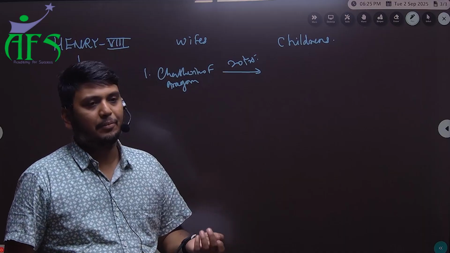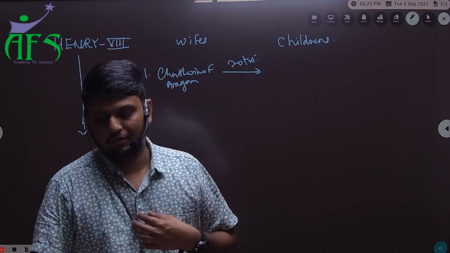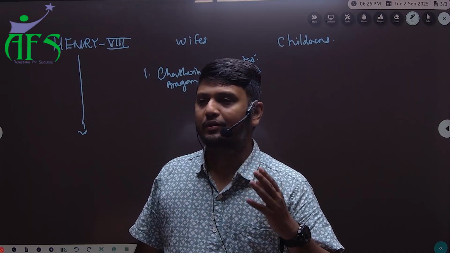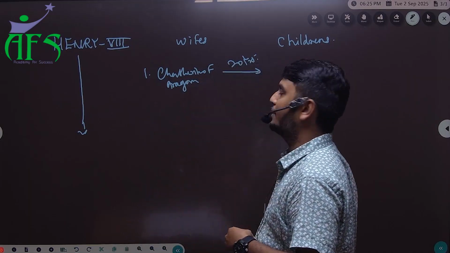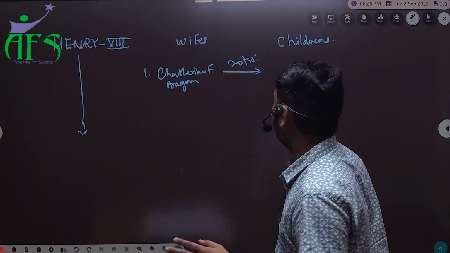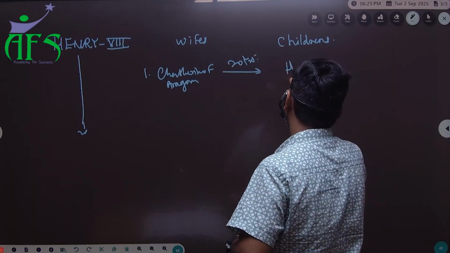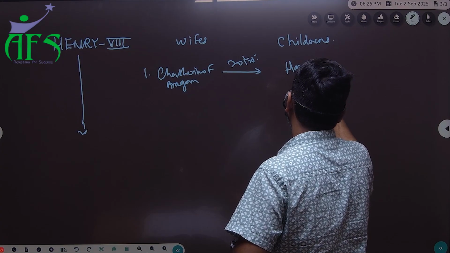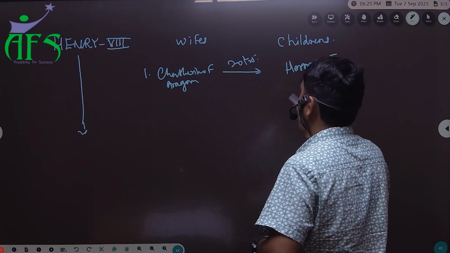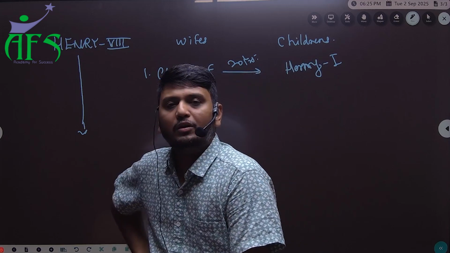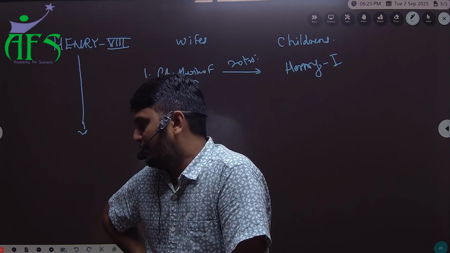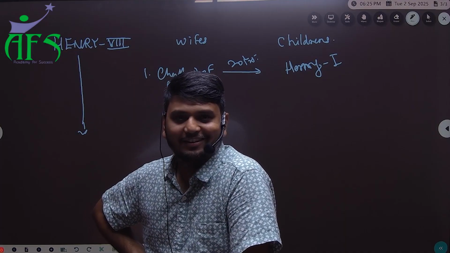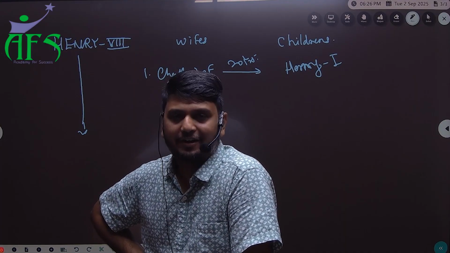Finally what happened, this person, Henry the Eighth, decided to take a divorce from this lady. Why? Because she was not able to give a heir to the king. So what we call heir, the successor, it's heir.